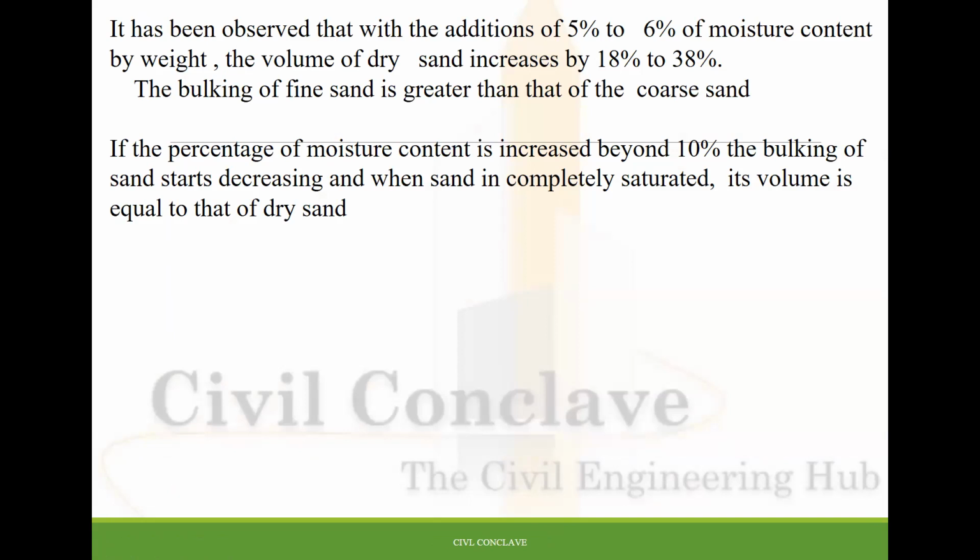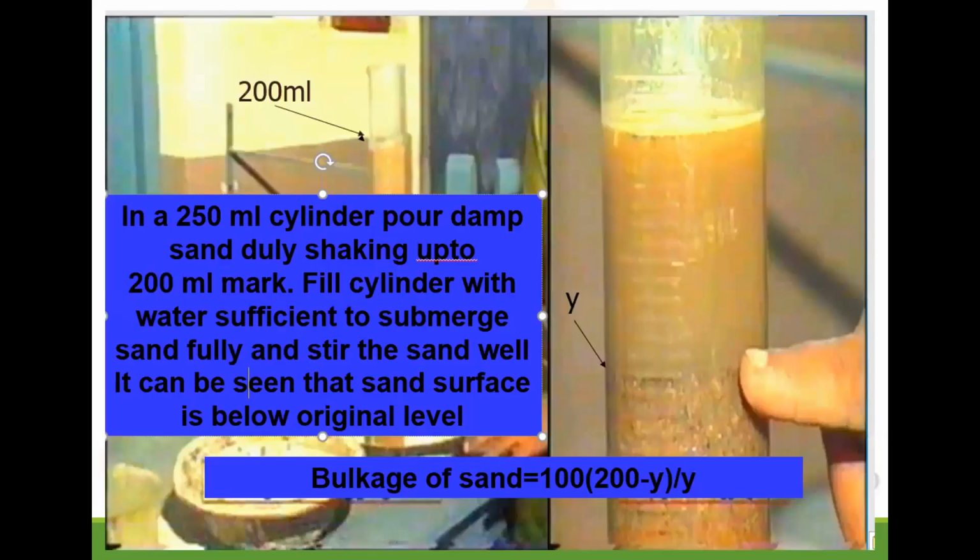The bulking of fine sand is greater than the coarse sand. If the percentage of moisture content goes beyond 10%, the bulking of the sand starts decreasing. When sand is completely saturated, its volume is equal to that of dry sand.